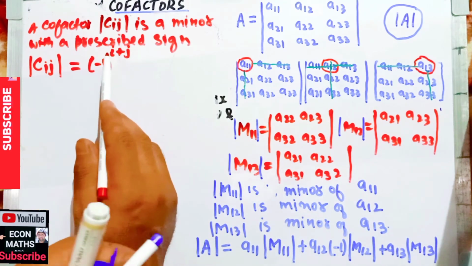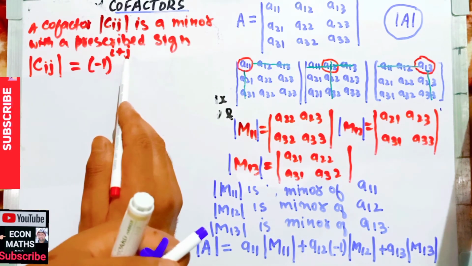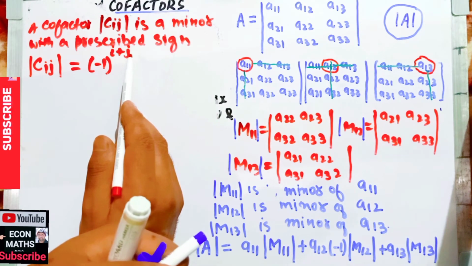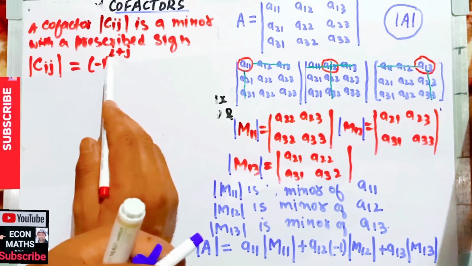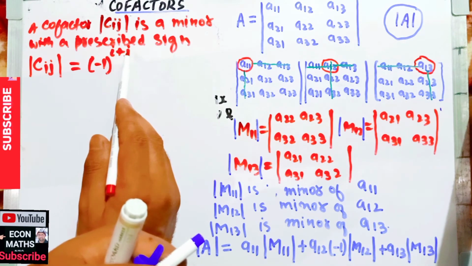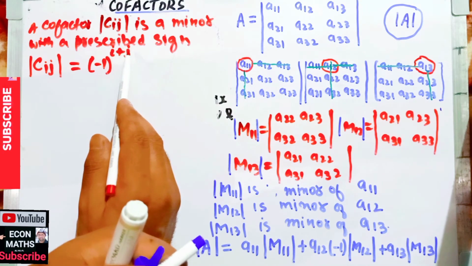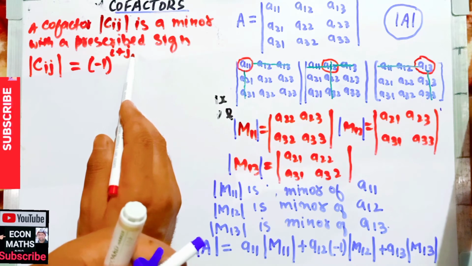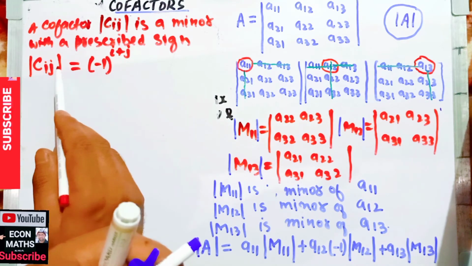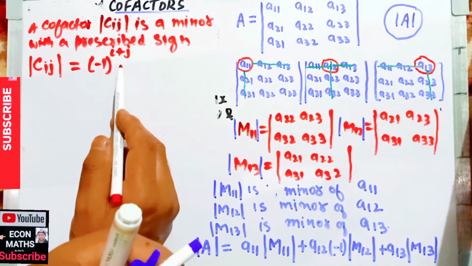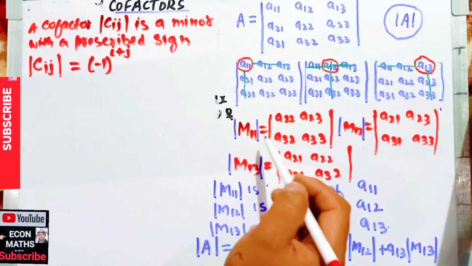Now this i is the ith row and j is the jth column. Thus, if i plus j, the sum of the subscripts, is an even number, then Cij will be equal to this minor, that is Mij.